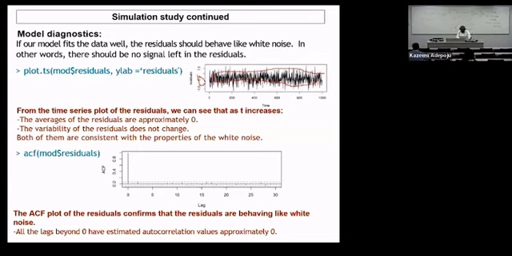Now, when we take a look at this, the mean and variance are constant over time. That's all we mean, which means both of them are consistent with the properties of white noise. Now, let us look at the ACF, the autocorrelation function plot. There are two autocorrelation function plots.